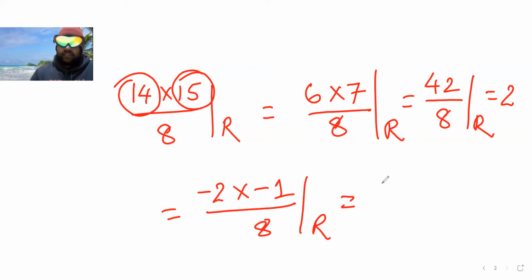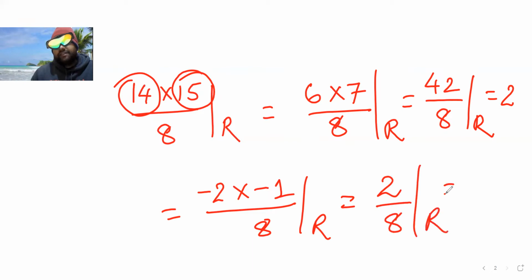So basically what I get is 2, and 2 when divided by 8, the remainder is 2. So I see that in certain cases, the process becomes far easier when you use negative remainders. Now, you might not appreciate it so much when the numbers are smaller, like 8 is a small number, 14 is a small number, 15 is a small number. So it becomes easily manageable.